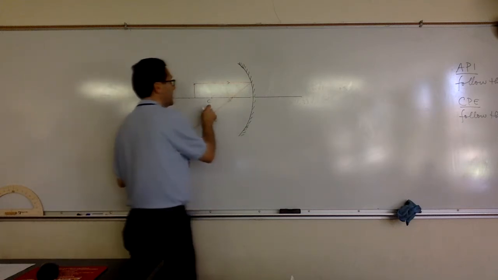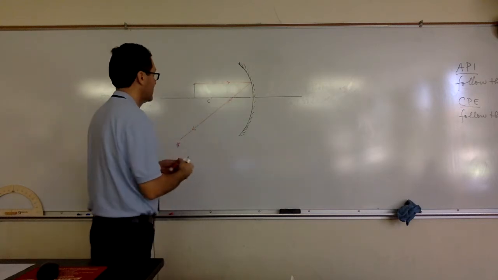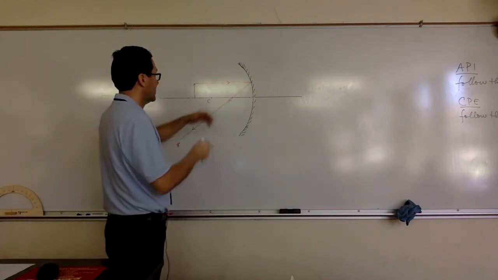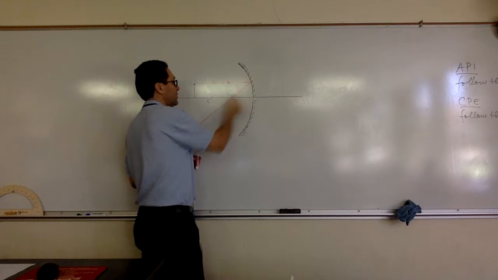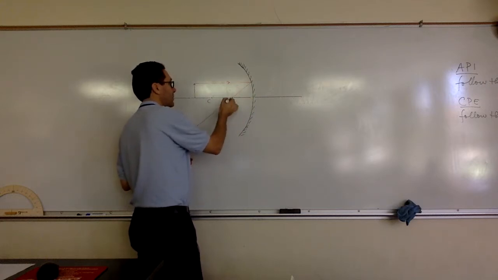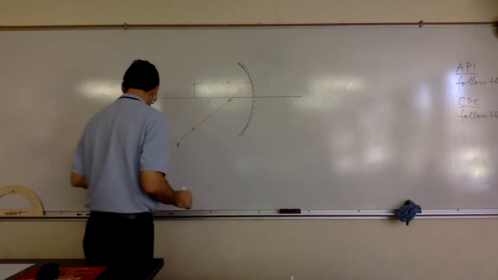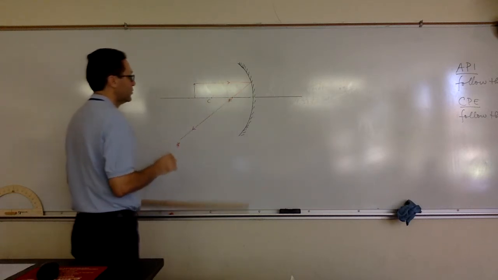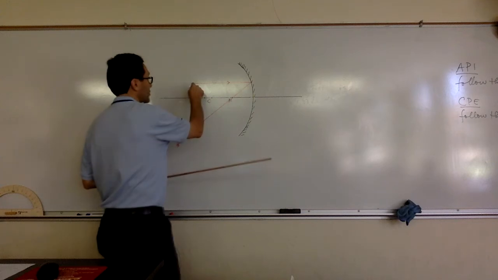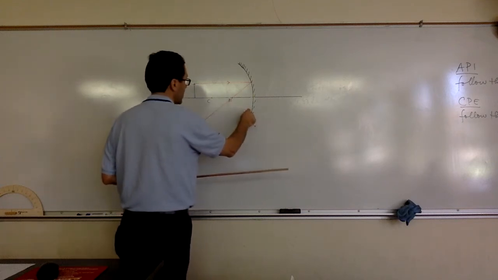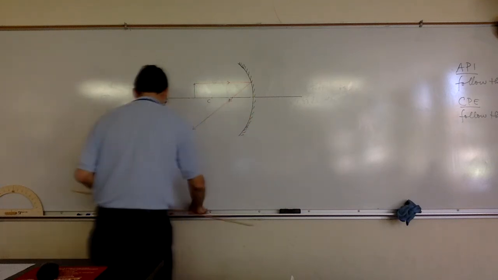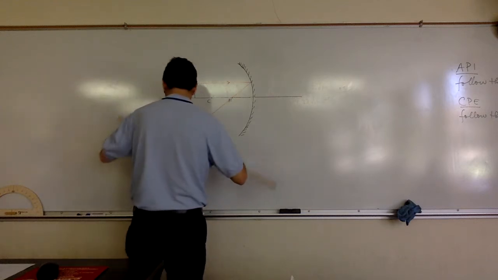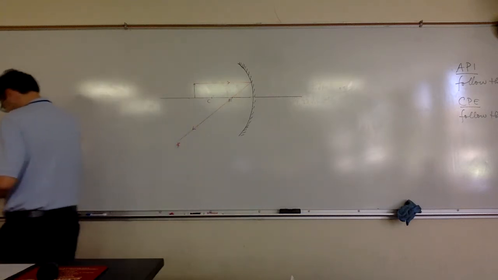Now, the C is the center of the curvature of this mirror, and the distance from the mirror here to C is 2 times the distance from the mirror to the focal point here. Now, the other one we're going to do is anything that goes through the focal point will come back parallel. So if I go, I'll do this in a different color.